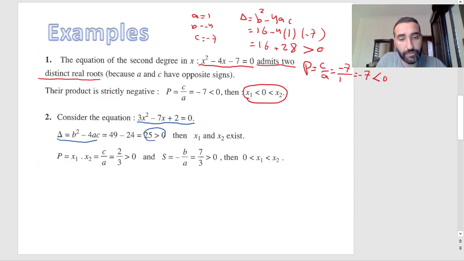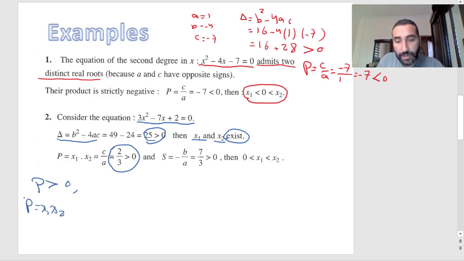It is important that it comes out positive, so x1 and x2 exist. Now the product equals c over a, which is 2 over 3, so positive. Notice what the product came out: positive. It means that the product, which equals x1 x2, is positive, so either both negative or both positive.